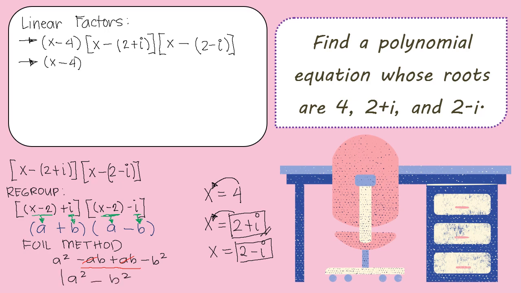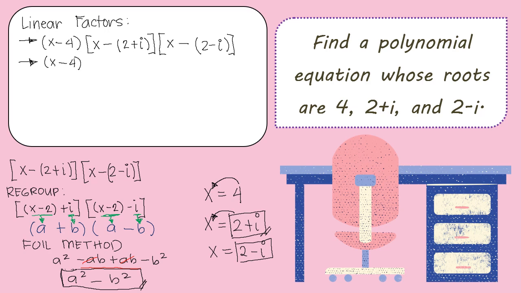Therefore, we can use this pattern for us to easily multiply our sum and difference of two terms, which is also applicable here in what we have reviewed a while ago. Because as you can see, we regrouped it and we found out the pattern that is aligned with a plus b and a minus b.